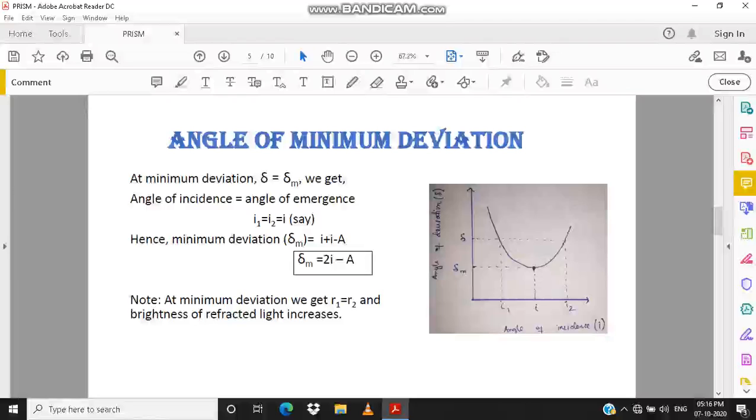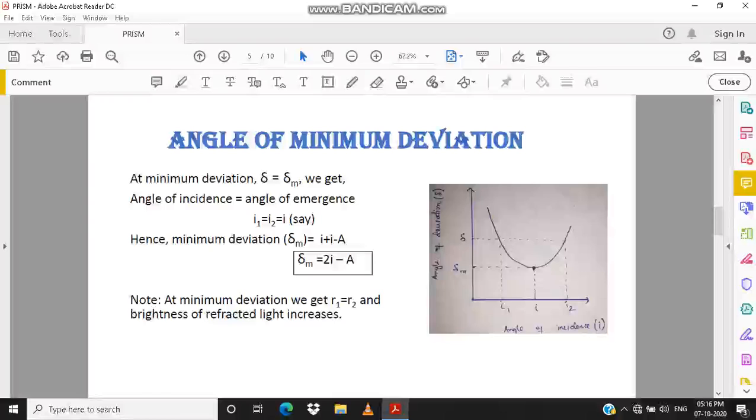You see there is a lowest point over here in the curve. This actually signifies del m, that is the minimum deviation. There you will get just one value of I. For other angles of deviation, you actually get two angles of incidence, here it is I1 and I2.